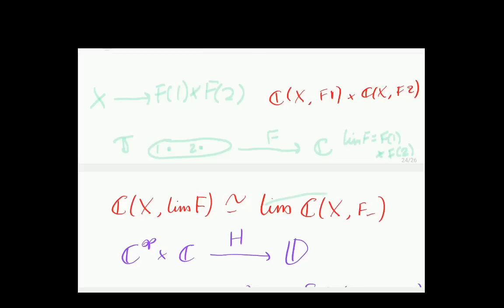And that's just what this limit on the right-hand side is going to be: the product of these two sets of arrows. So an element here is a pair of arrows, which by the product property corresponds to an arrow like this. You can see that this relationship encodes a lot of interesting ideas.